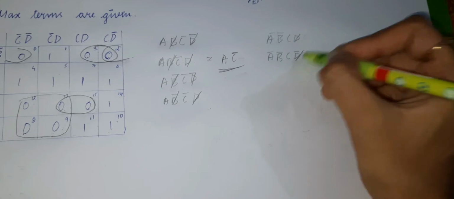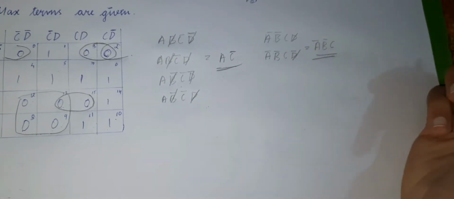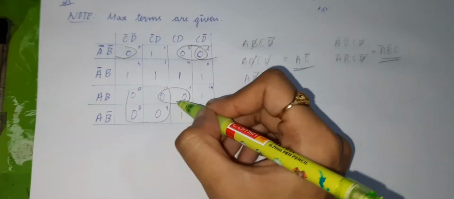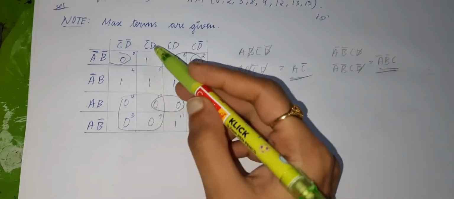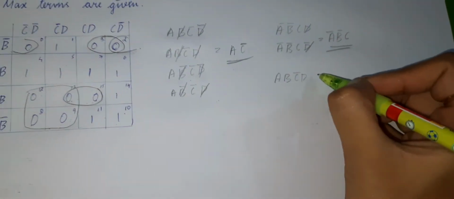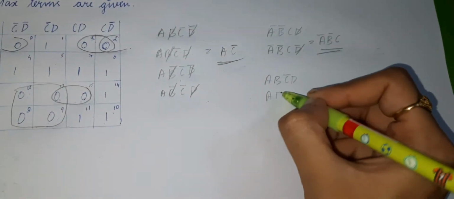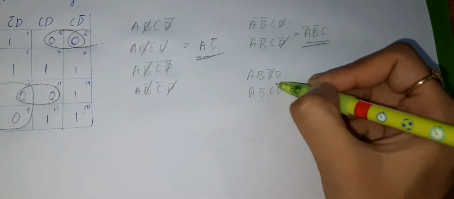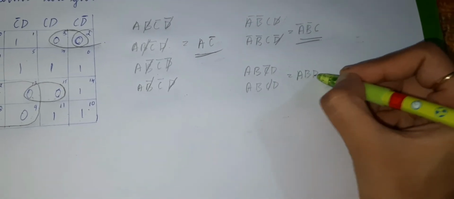Cancel this one, and the final answer is A bar, B bar, C. Now let's represent this one. This 0 is represented as A, B, C bar, D, and this 0 A, B, C, D. Cancel this one, that is A, B, D.